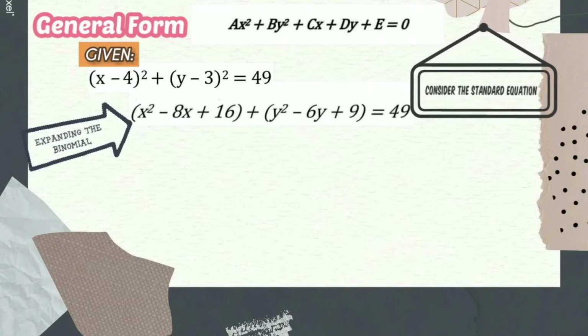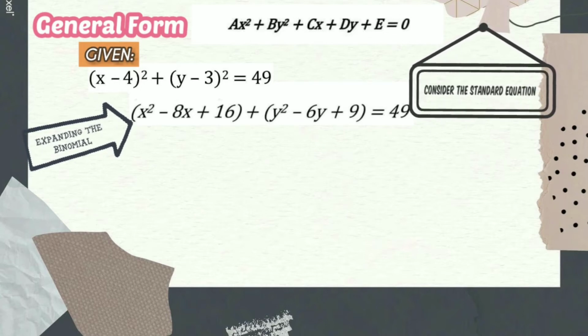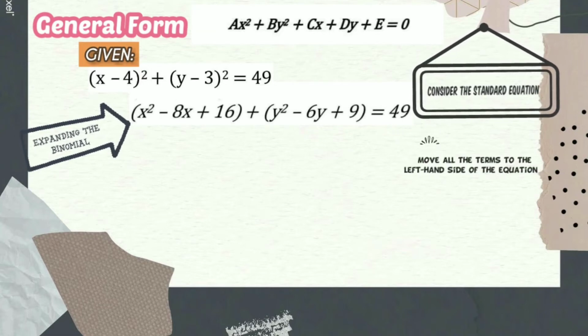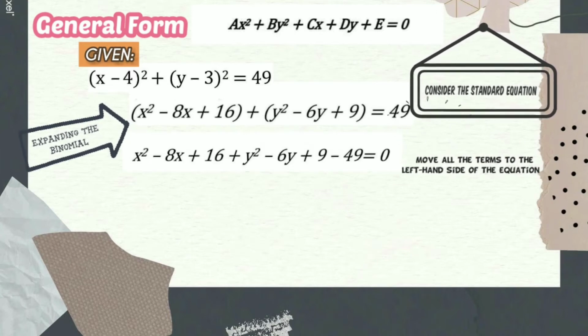Now, we already have the equation x squared minus 8x plus 16 plus y squared minus 6y plus 9 equals 49. The next step to do is to move all the terms to the left-hand side of the equation.